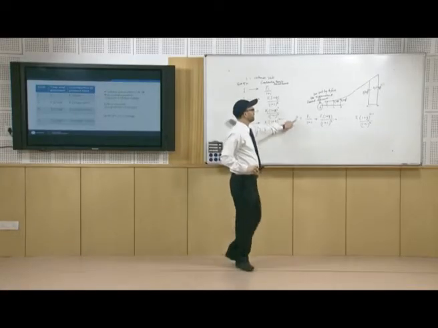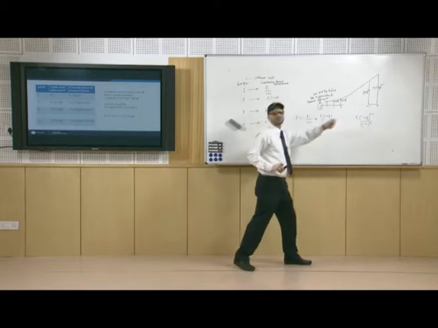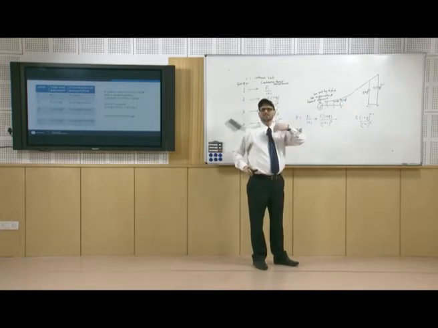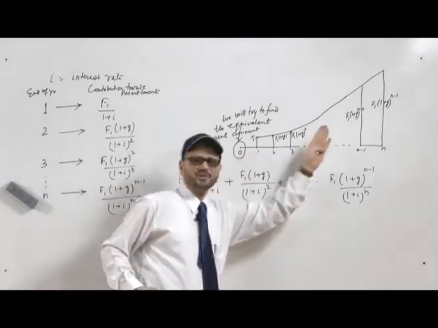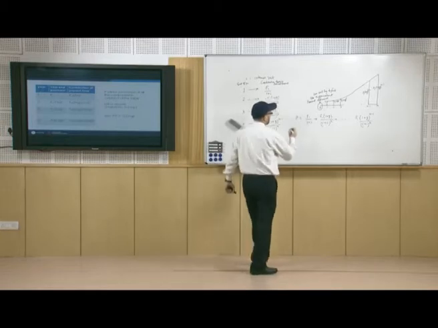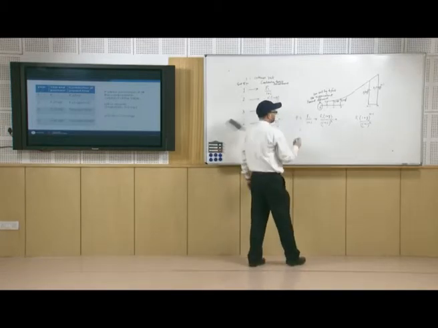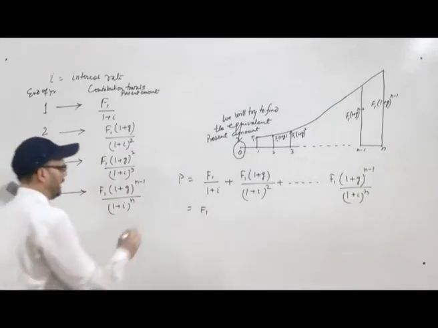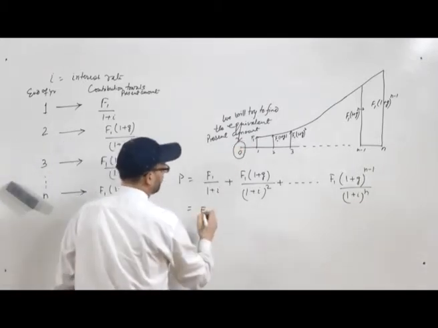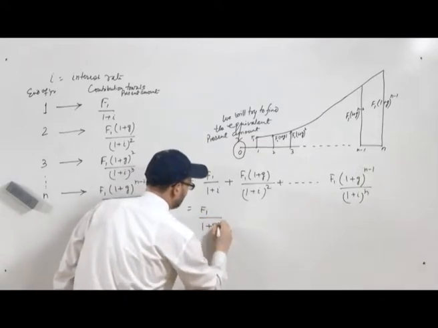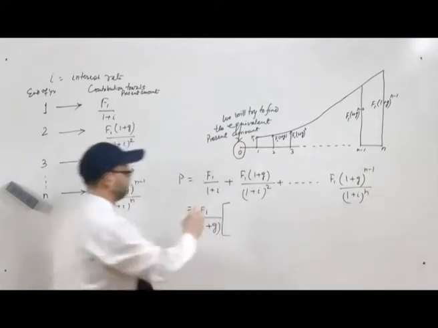This is the present amount, and these are all the individual contributions of the year end payments, which are basically increasing or decreasing in a geometric gradient manner. So what we can write here is f1 will come out, and we will divide it by 1 plus g; we will put another factor.